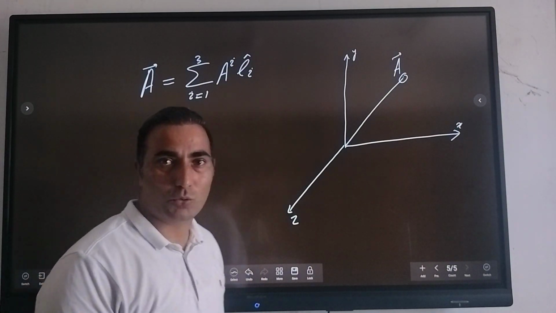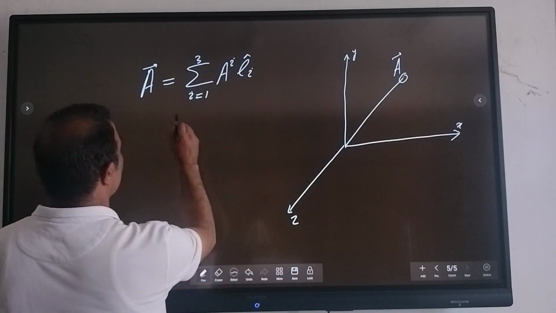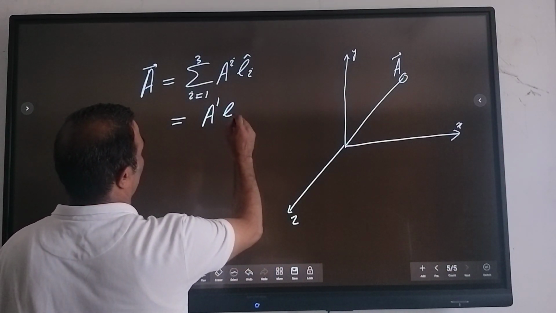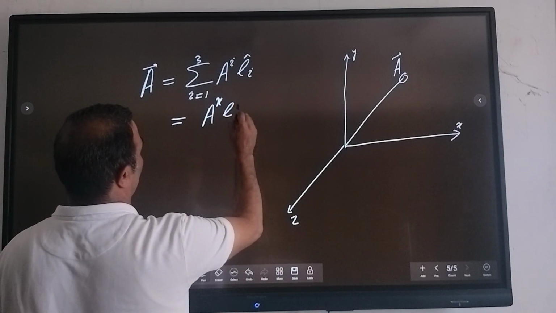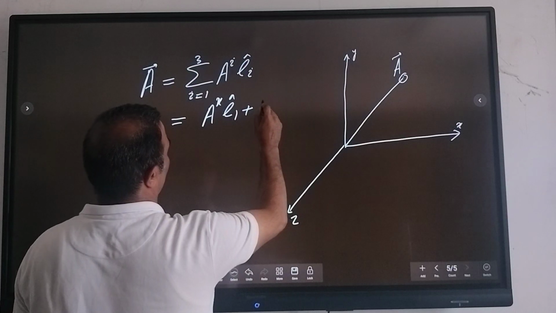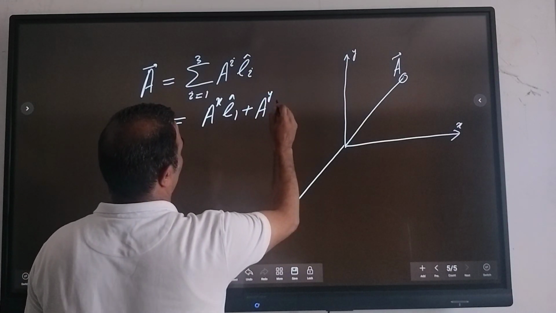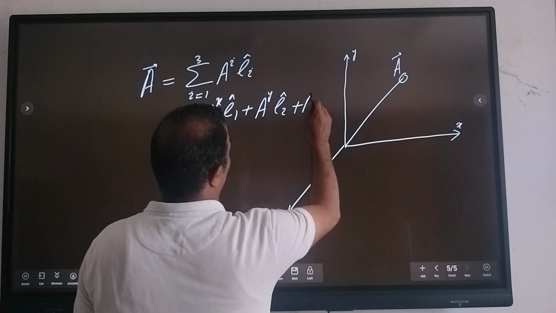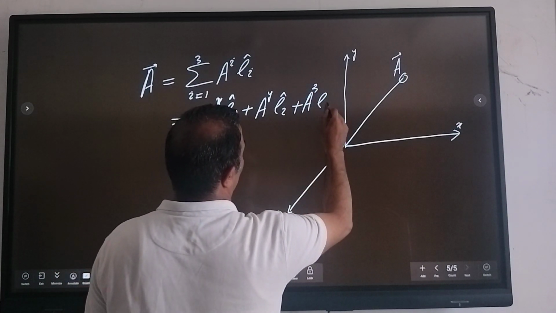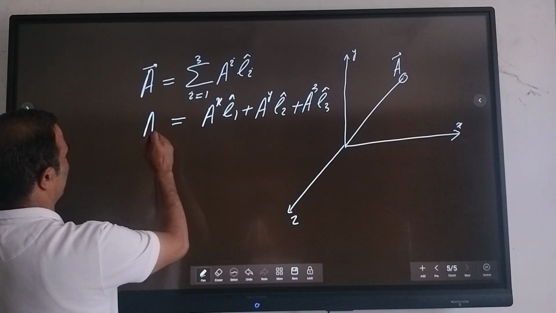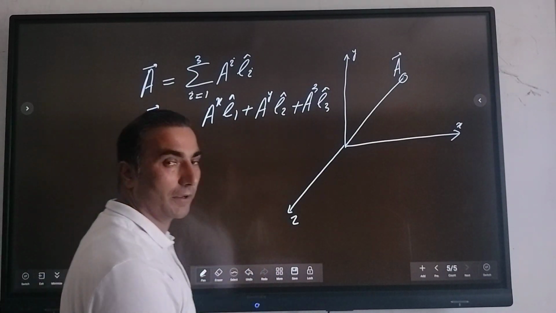Okay, so this is how you can represent this vector. So this we already know, right?